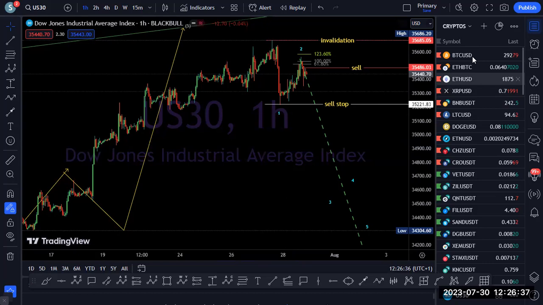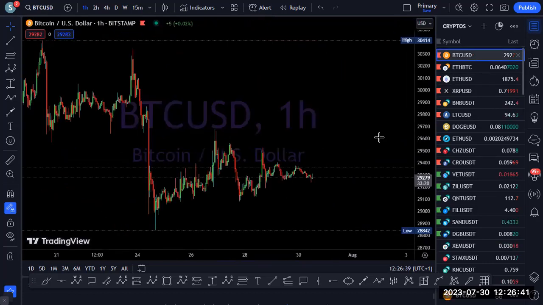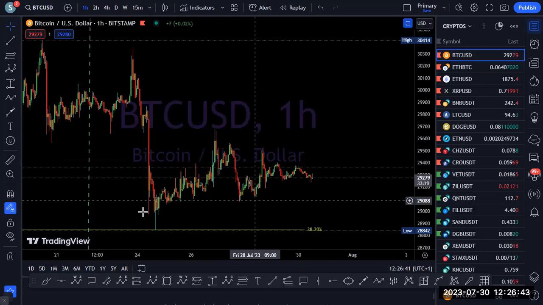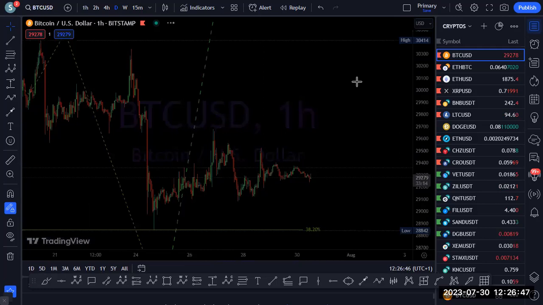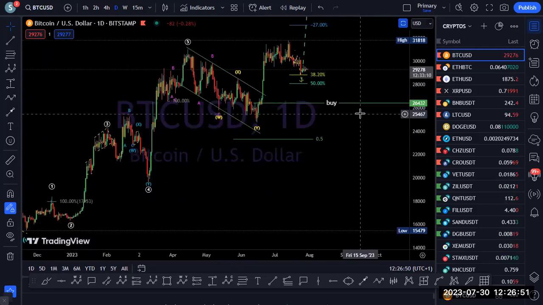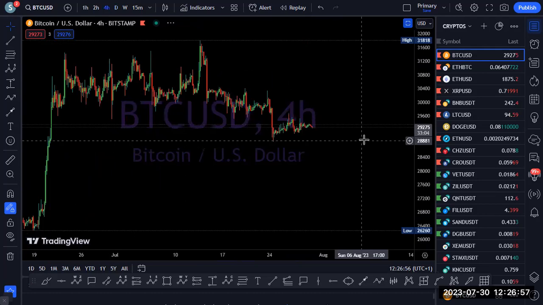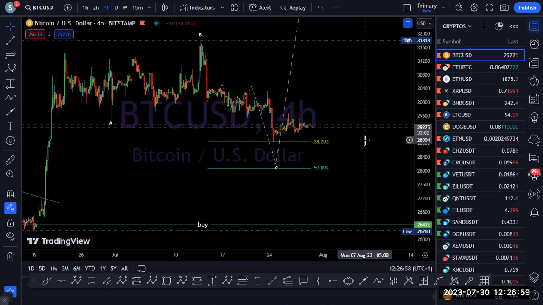Let's go to cryptos. Remember 2 weeks ago, or last week, I told you that Bitcoin is heading to 28,000, 27,000, or even deeper. So right now, it's coming down gradually. It has touched 28,800, but it's not enough. It will still drop.